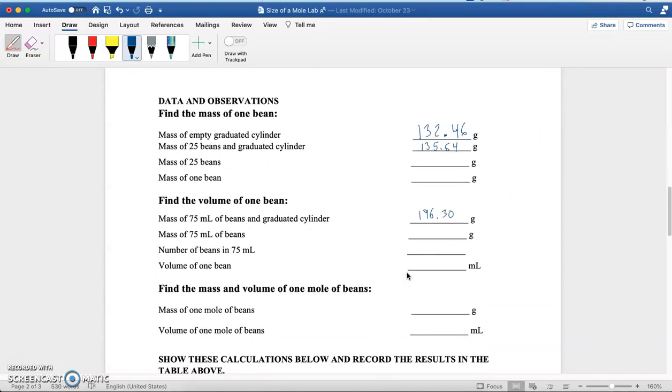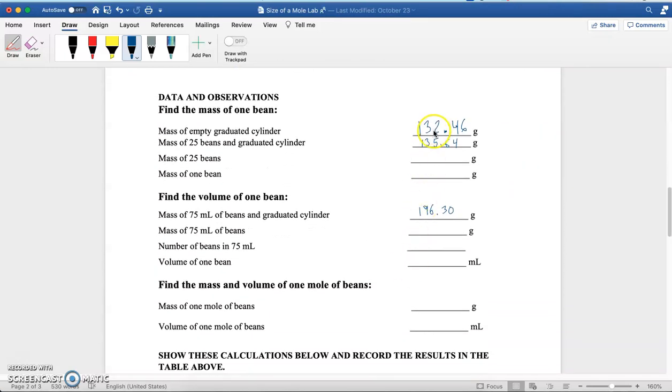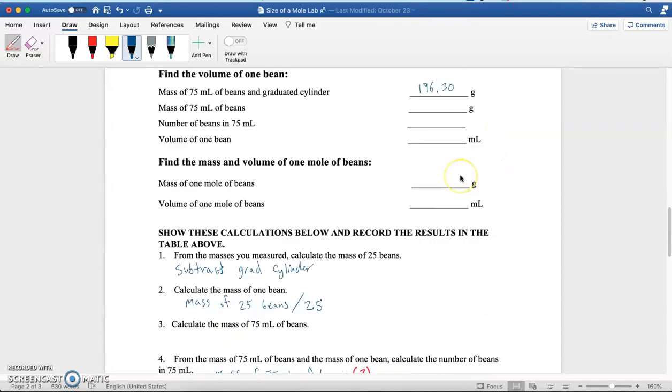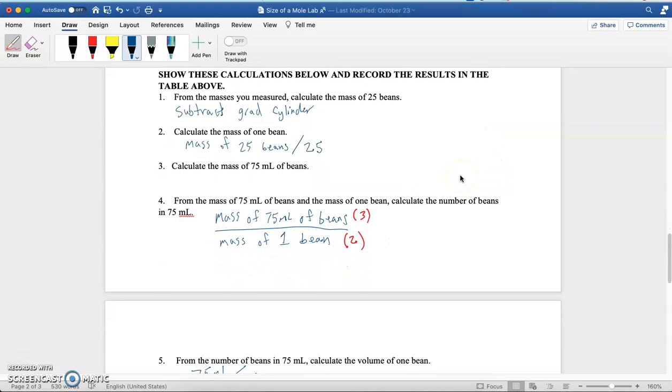Now for the calculations, let's actually get back to the lab here. You got your 3 data points if you're at home. You got your own if you were here. Instead of walking you through this, I have things pre-written, so hopefully that saves some time. Like I said at the beginning, you have to subtract out the mass of the graduated cylinder to get the mass of 25 beans.